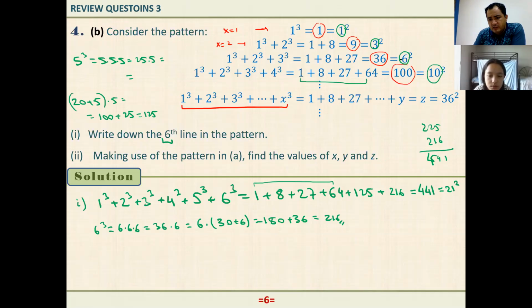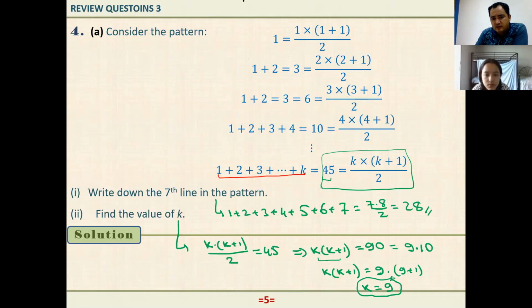1, 3, 6, 10. And if you remember, we are familiar with these numbers. We have just seen them here. What are these numbers? These numbers are the sums of the first natural numbers.